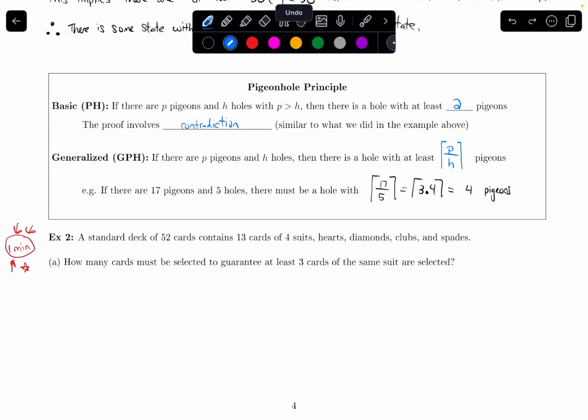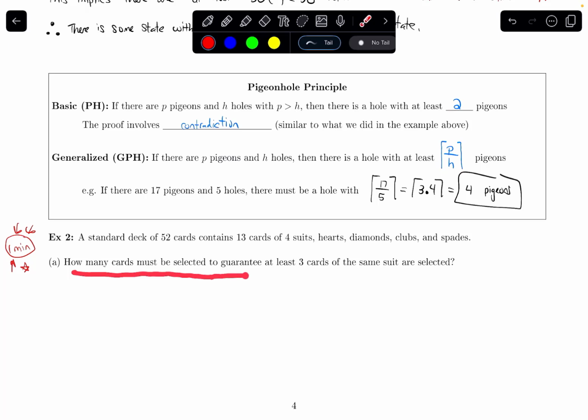So then the question says, how many cards must be selected to guarantee that at least 3 cards of the same suit are selected? I first want to give you an opportunity to try this. So pause the video for a minute to try this. Pause it in 4, 3, 2, 1. Pause it and try it.